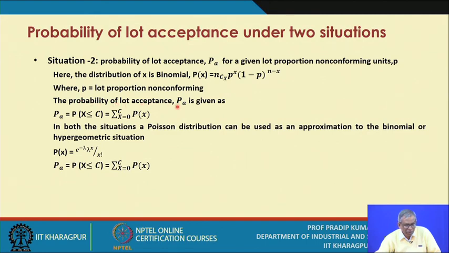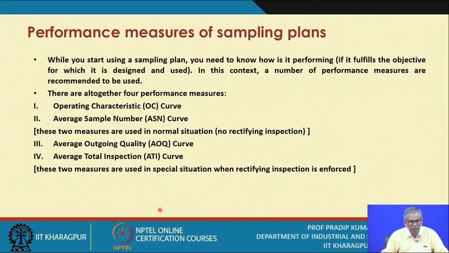The probability of lot acceptance Pa you calculate similarly. In both situations, a Poisson distribution may be used as an approximation to the binomial or the hypergeometric distribution. This is the probability mass function for the Poisson distribution, that is e to the power minus lambda, lambda to the power x, divided by factorial x, and the same formulation you use to compute the probability of acceptance.